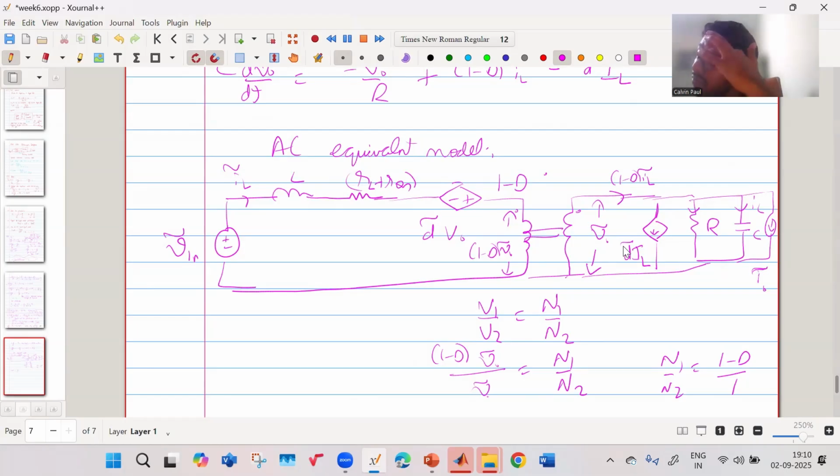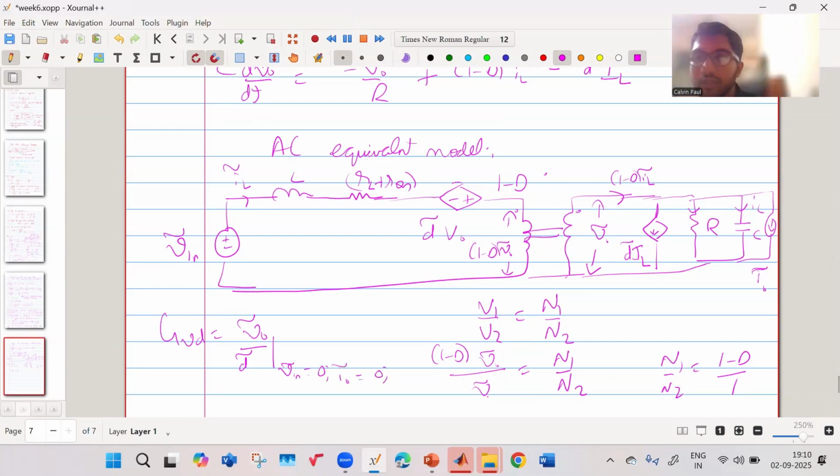That will also be there. So if you want to find your GVD, that is V output perturbed by D perturbed, what quantities should be set to 0? V in tilde equal to 0 and I0 tilde equal to 0.